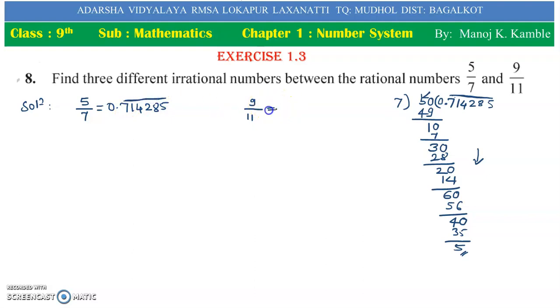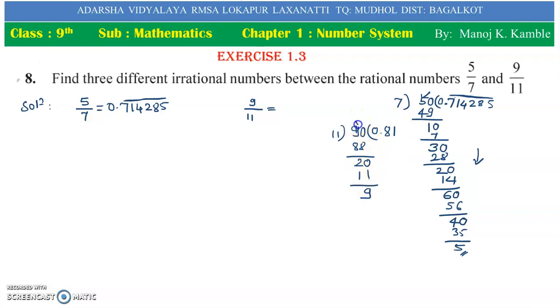In the same way, 9 divided by 11. Here after the decimal point it becomes 90. 11 eights are 88, remainder is 2, once again it becomes 20. 11 ones are 11, so the remainder is 9.